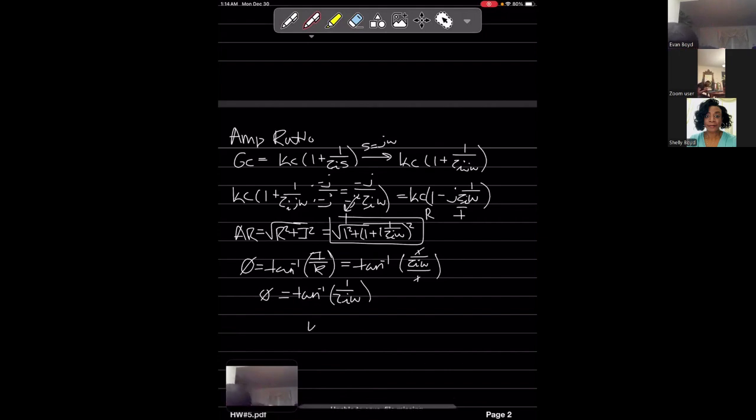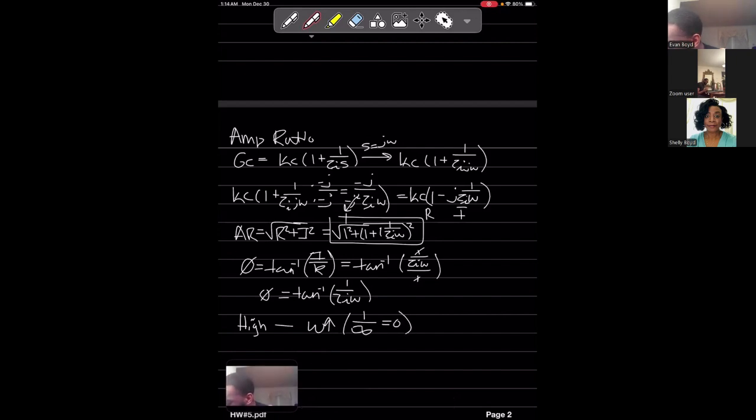From this, we can state that when omega is very high, so anything very high, like 1 over infinity, we know it just goes to 0.